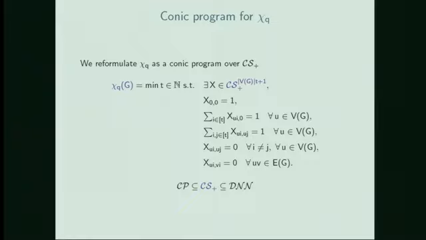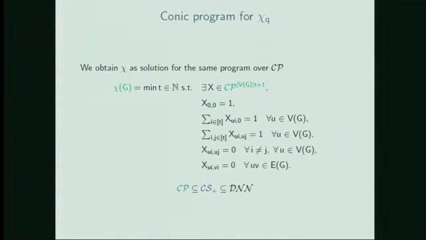Now we have seen this relationship between cones, so a natural question is: we have this program, optimizing over this cone, what happens if we substitute the completely positive semi-definite cone with the completely positive cone? We get a nice result, because we get exactly back the classical chromatic number.